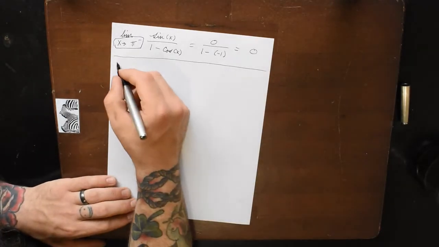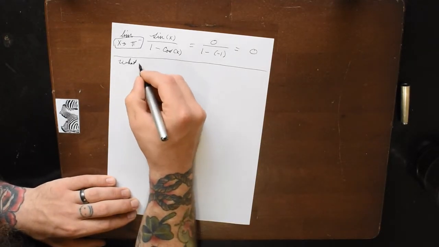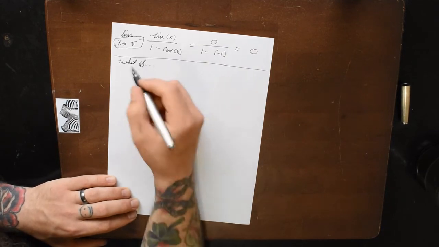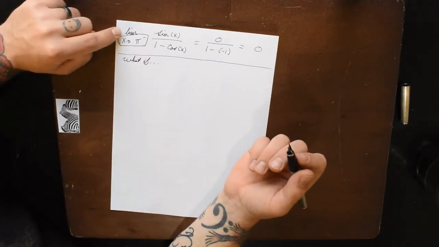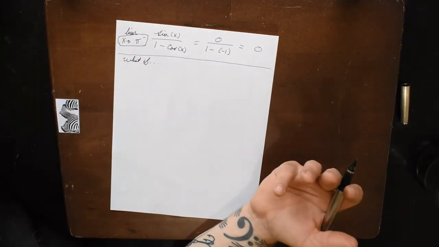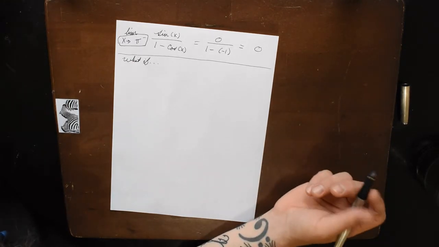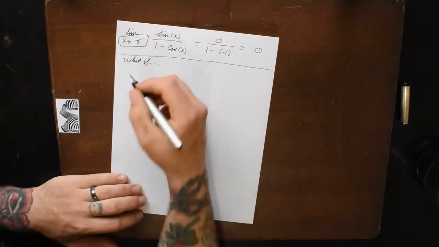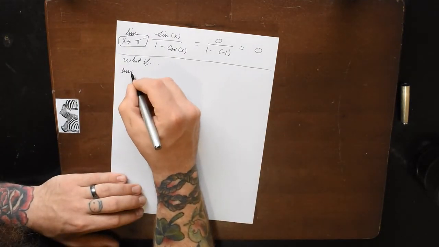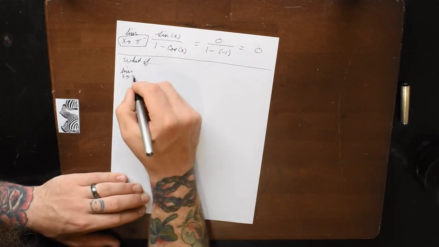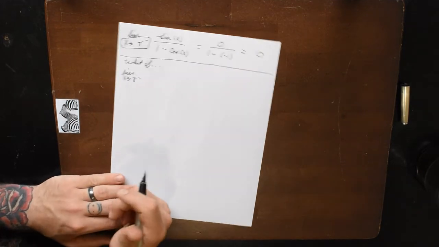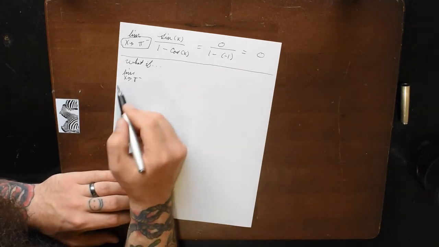What if we made a mistake? What if we didn't notice that? What if we're still learning and the book presented us a tool to use? What if you applied the tool to this problem? Limit as x goes to pi. Well, let's say you didn't try and directly apply this limit in.